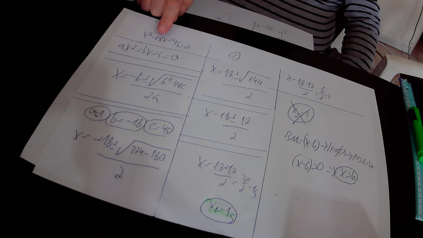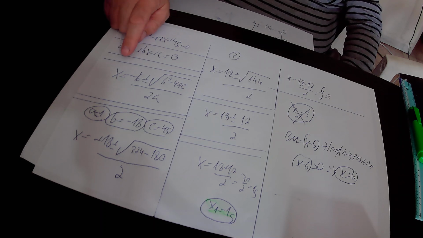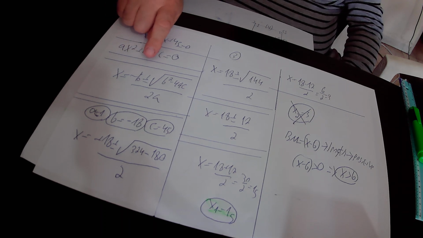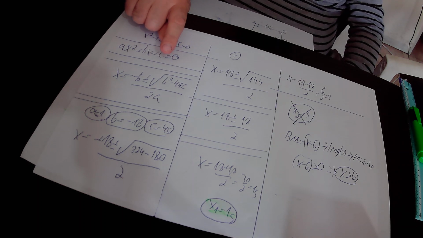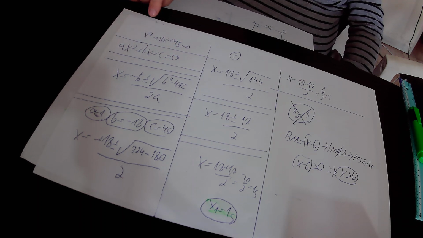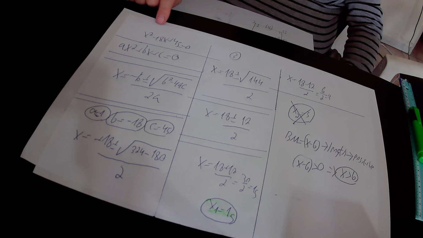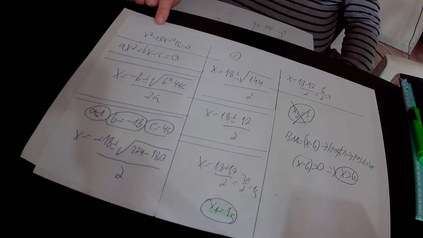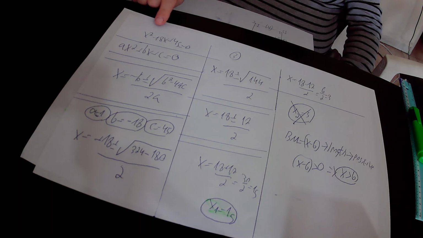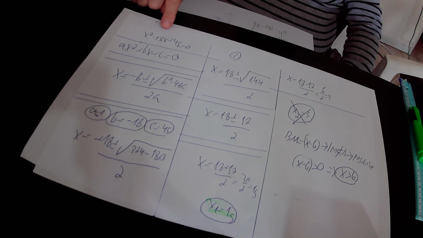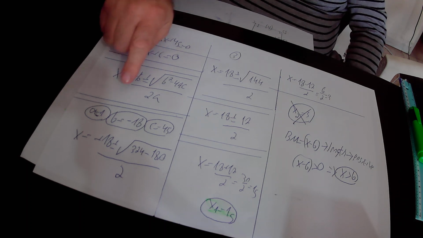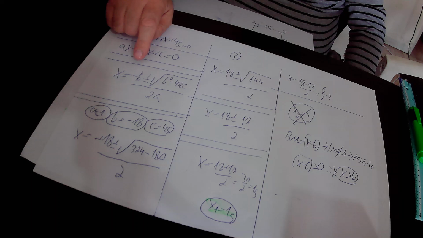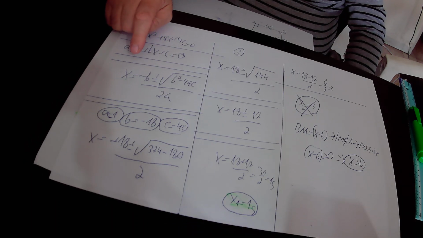We find the value of x according to the following formula: x equals minus b plus or minus the square root of b squared minus 4ac, over 2a. In our equation, x squared minus 18x plus 45 equals 0, the coefficient a equals 1, b equals minus 18, and c equals 45. Now we have to put this data into the formula and find the values of x.